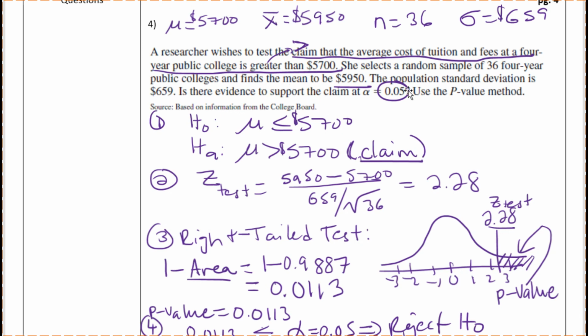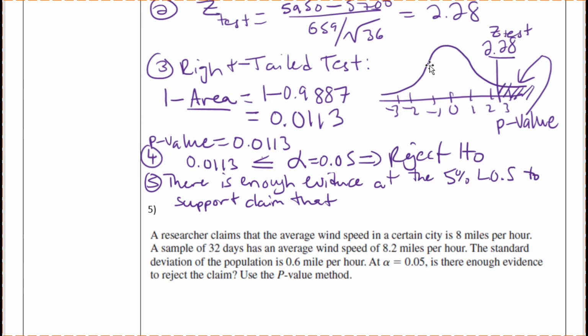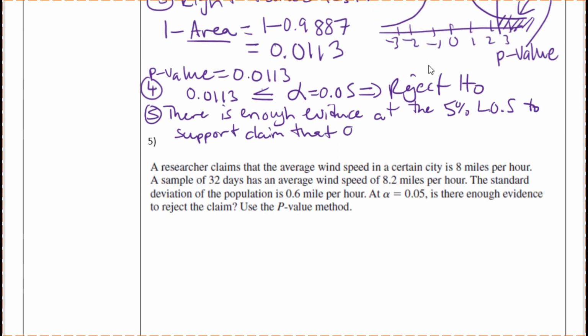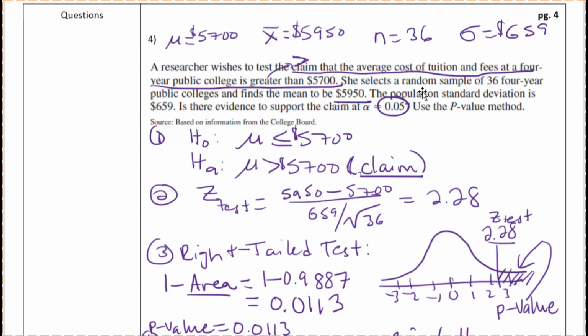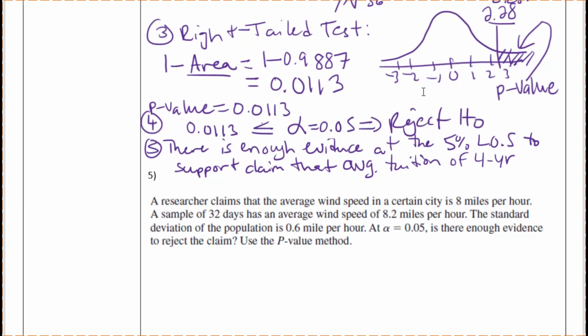The claim was that the average tuition of 4-year public colleges is greater than $5,700.